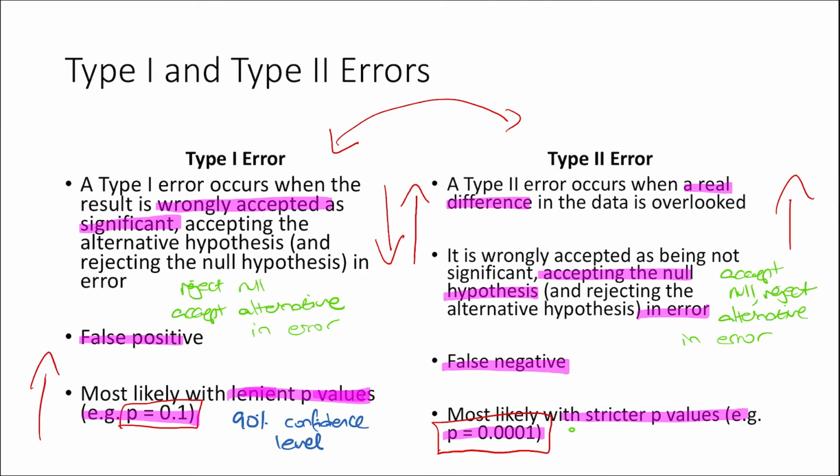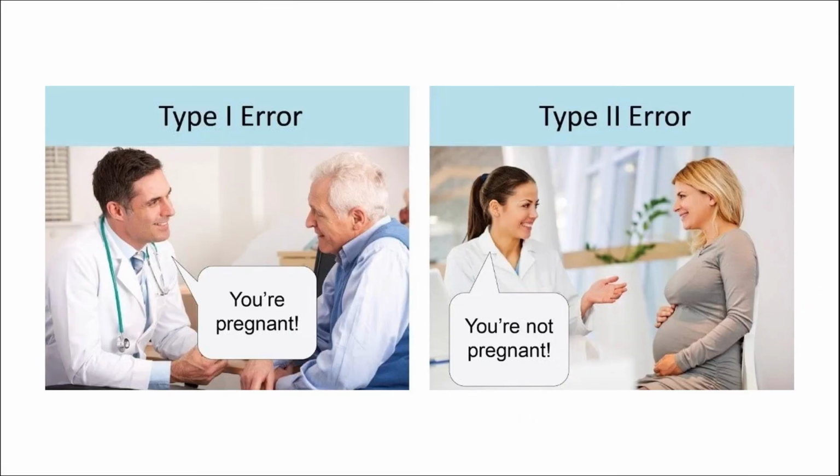There are easier ways to think about type 1 and type 2 errors. Here is one of them. A type 1 error is telling somebody they're pregnant when they're not. This is the equivalent of accepting our research hypothesis, i.e. saying there is a difference or association when it doesn't exist.